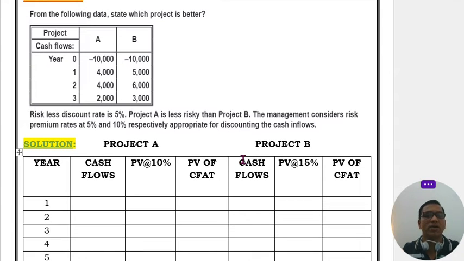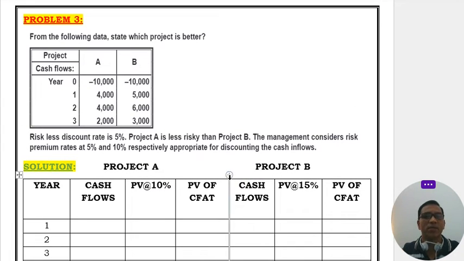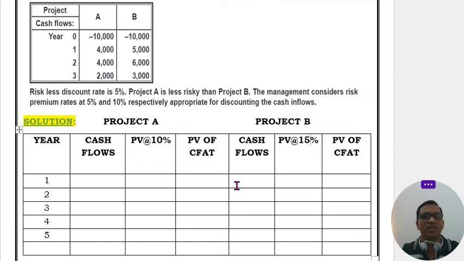So we have to calculate NPV. In order to calculate NPV, we need a discount factor, rate of return, but the discount factor is not available. We calculated it: riskless discount rate plus risk premium rate.